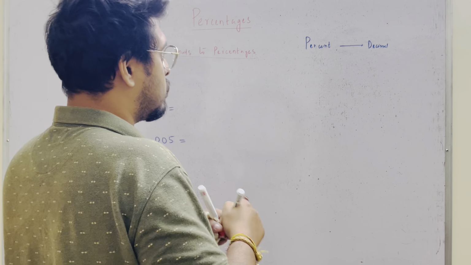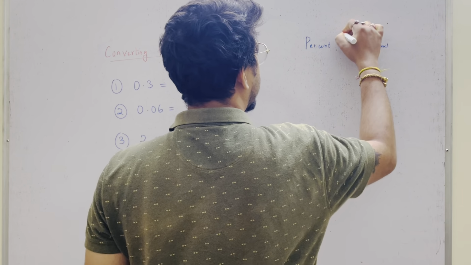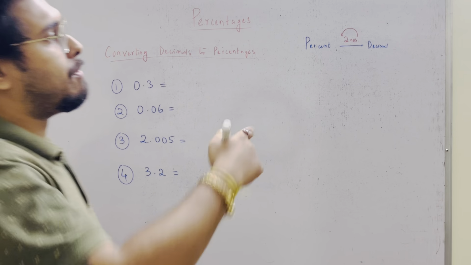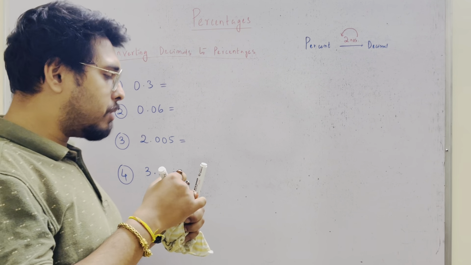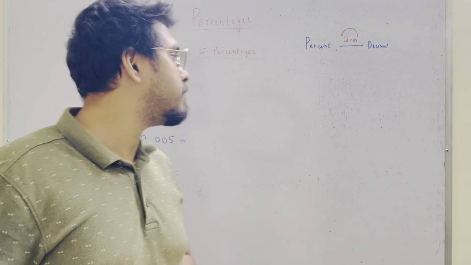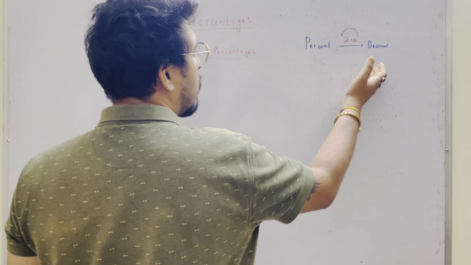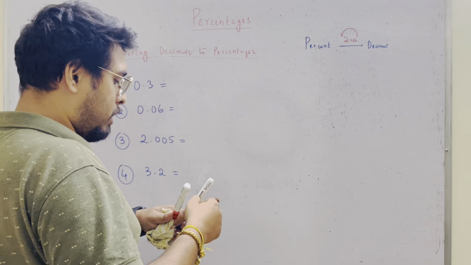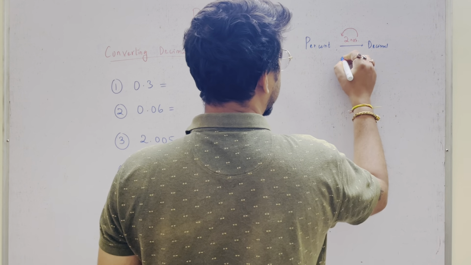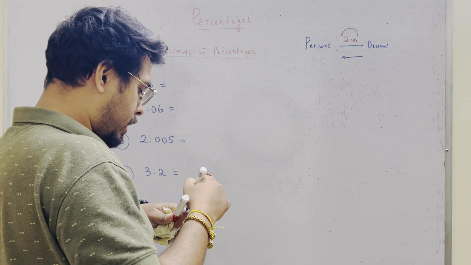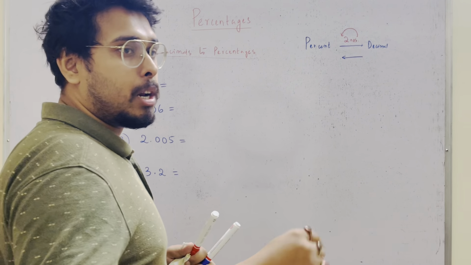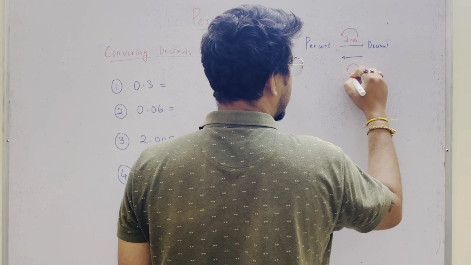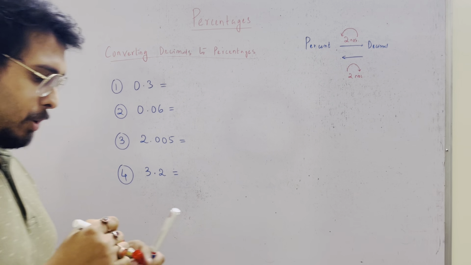Now we are going to do the absolute opposite. In order to convert from decimal to percent, we are going to take the decimal point 2 units to the right.